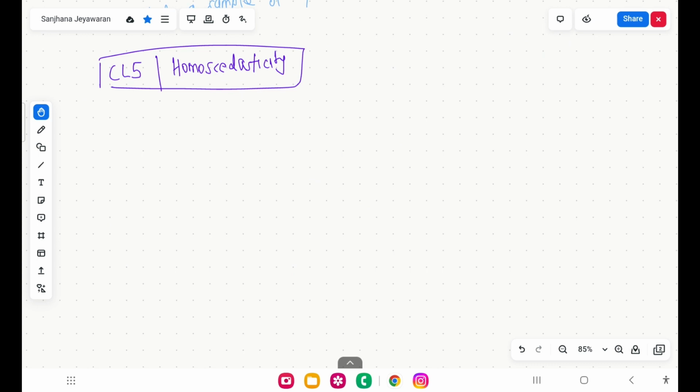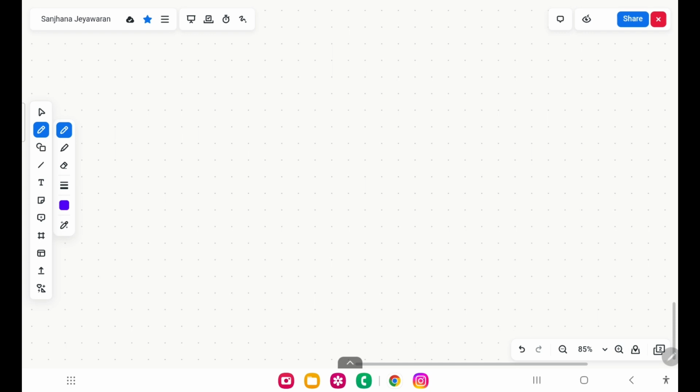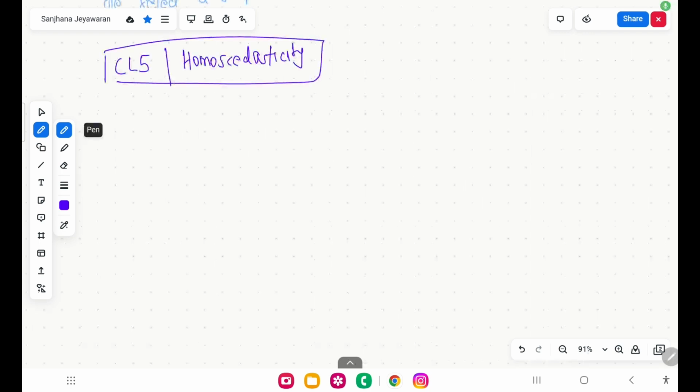In CL5 we talk about homoscedasticity. Here, cedasticity means variance, a spread of values. Homo means the same, or we can say equal.